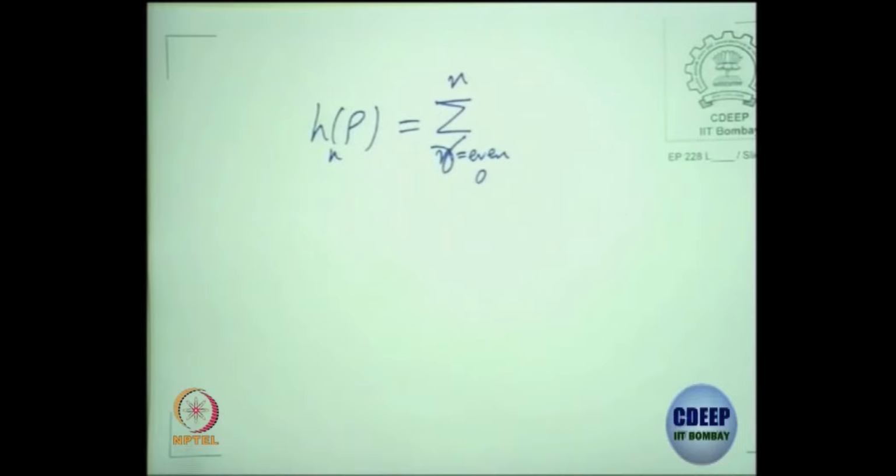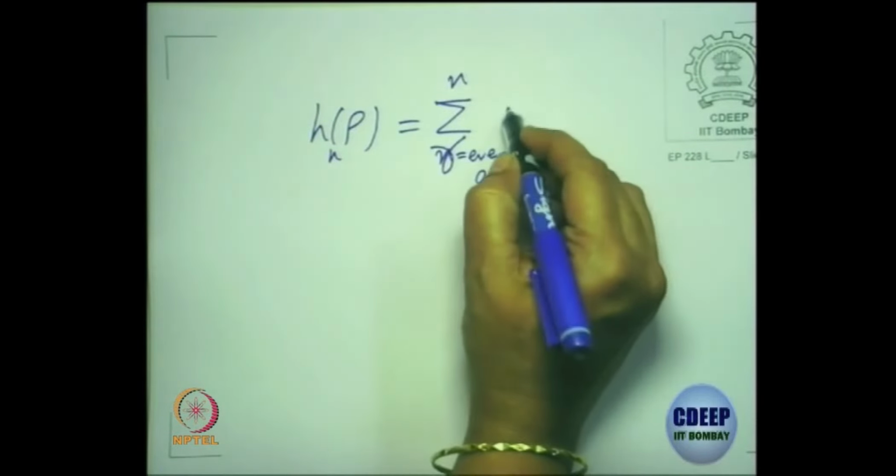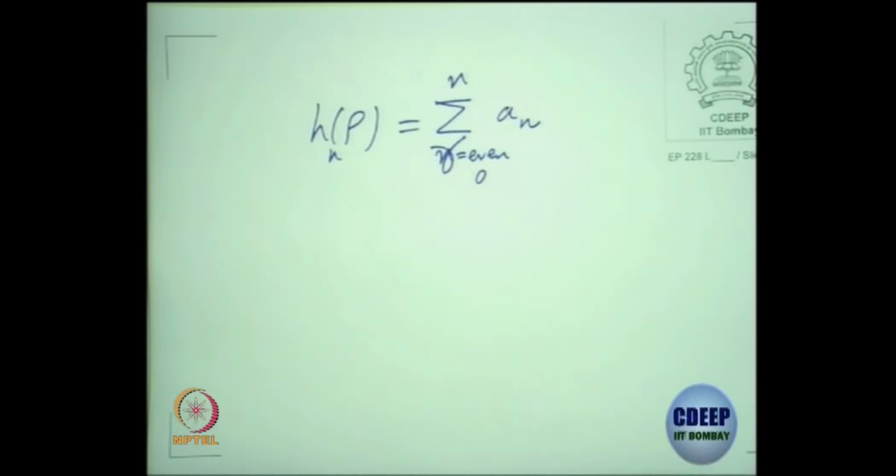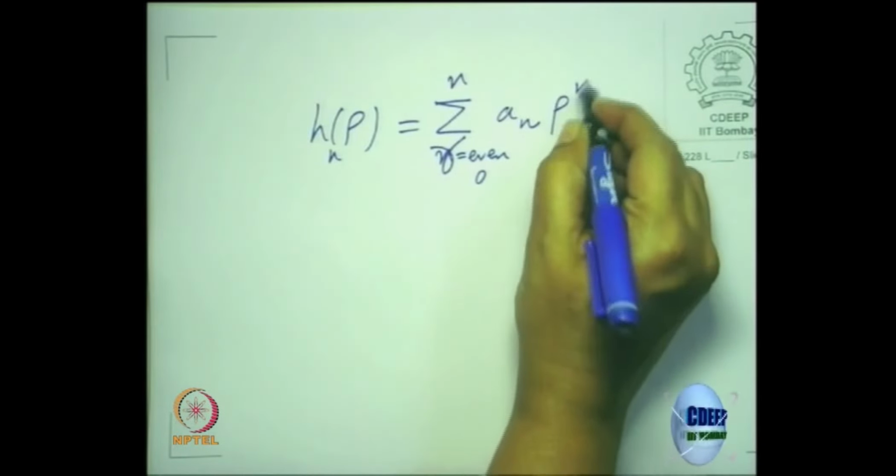You take it only in steps of even numbers, an rho to the n.